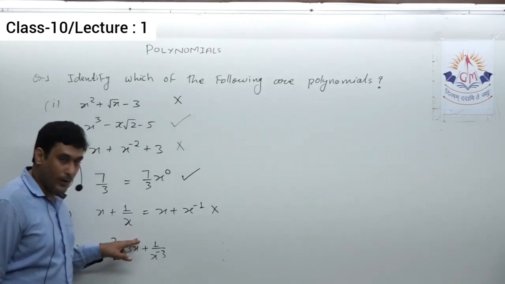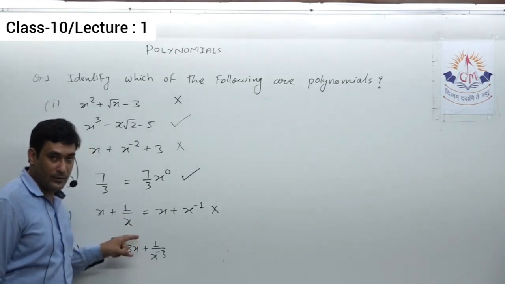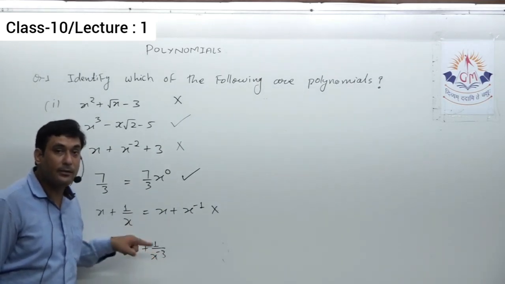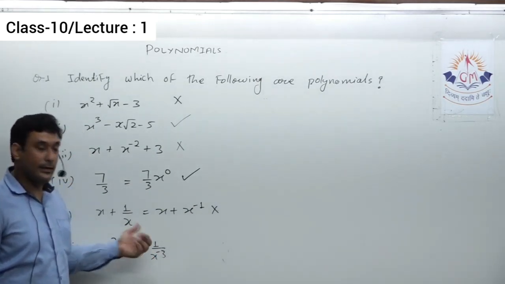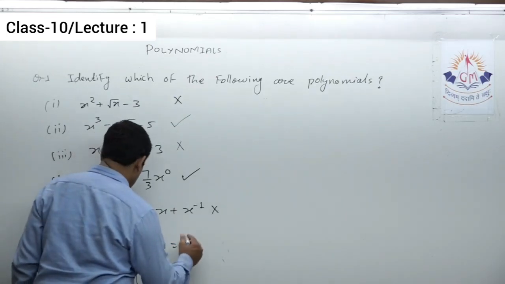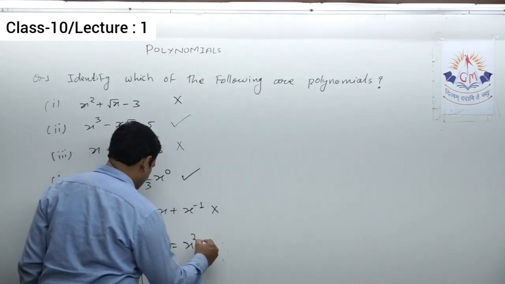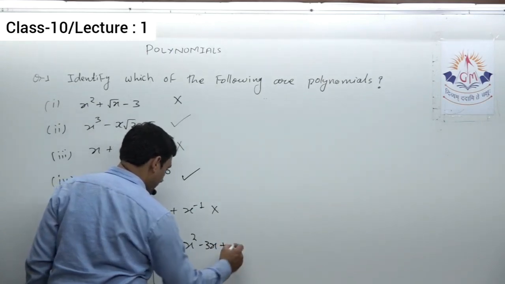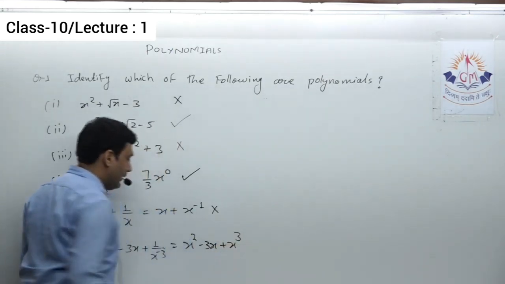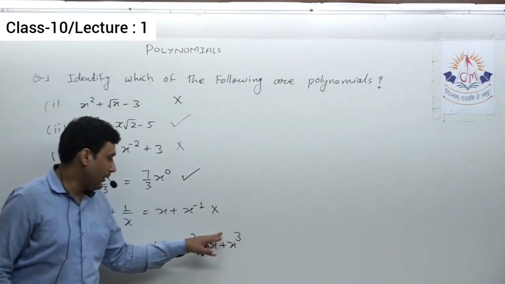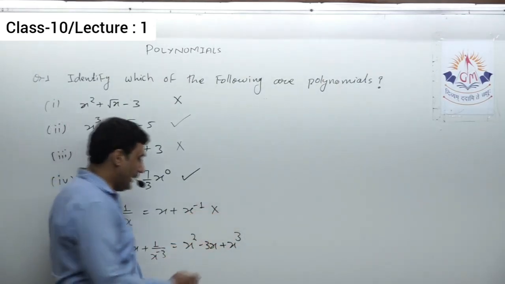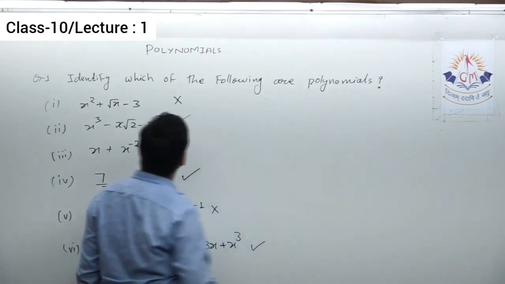Over here, the power of x is 1, it's again a whole number. Now over here it's minus 3, but it is in the denominator. So when I take it to the numerator, I can rewrite this expression in this way, plus x cube, isn't it? x cube. So here the power is 3, it is again a whole number. So this is a polynomial.